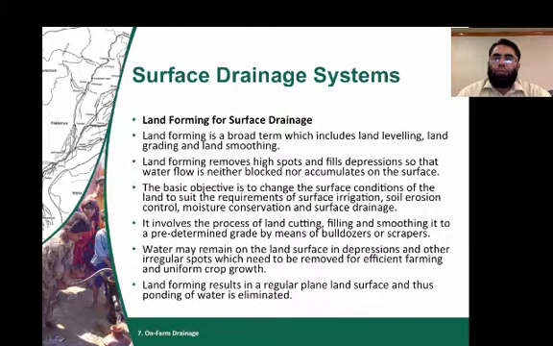Land forming is basically reshaping of the land, and this is basically used in areas where you don't have drainage problem or water logging problem to a greater degree. Just by reshaping the land, you can control or minimize the problem. Land forming includes land leveling, land grading, and land smoothing.